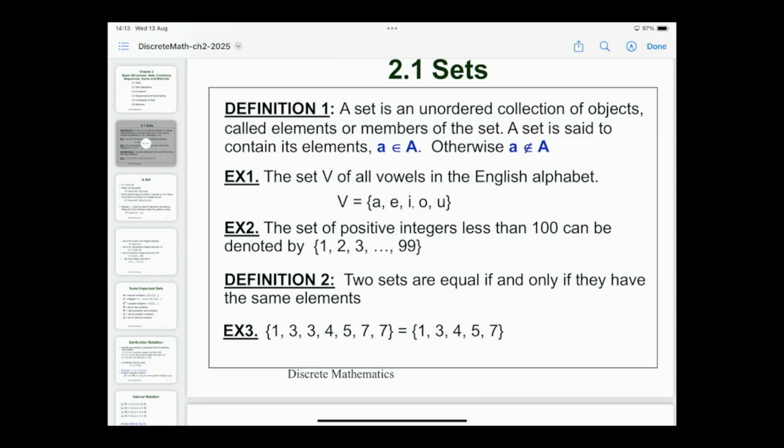The second example is a set of positive integers less than 100. The minimum would start with 1, right, positive. So 1, 2, 3, up to 99. So there are 99 members in the set, less than 100.